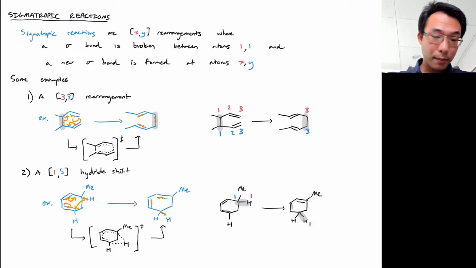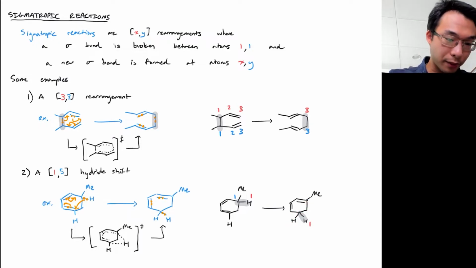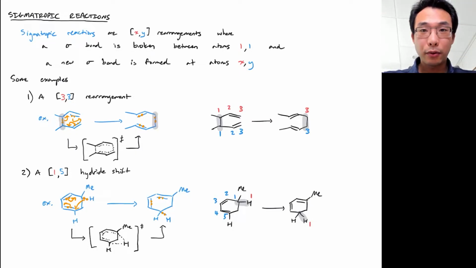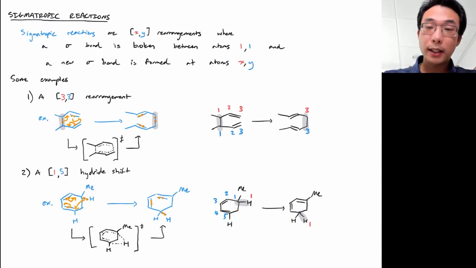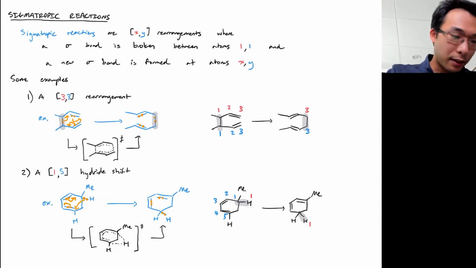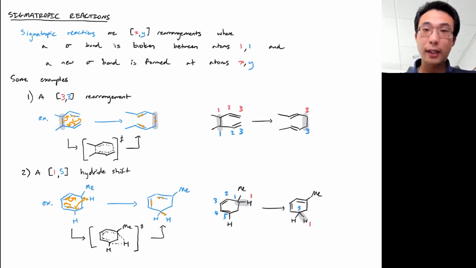For the carbon side of this new bond, however, that's no longer the same carbon, so I need to number and figure all of that out. I'm going to go around following the pi system, and I see that I go 1, 2, 3, 4, 5. I can't go the shorter direction here because there's no pi system there. So I need to go through my reacting atoms in my numbering: 1, 2, 3, 4, 5. That then gets me to a 1,5 hydride shift.